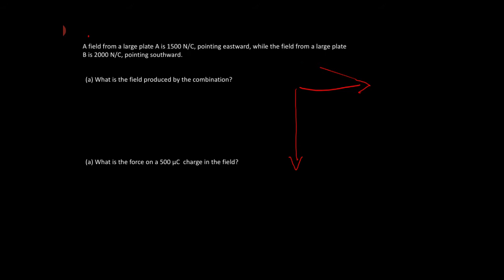All right, so let's see. We've got 1,500 newtons per coulomb eastward, and then I have 2,000 newtons per coulomb south, and I only did that because this is perpendicular. But what we want to find out is the field produced by the combination, which is this, right? So we've got two uniform fields, and we want to find out the total field here.